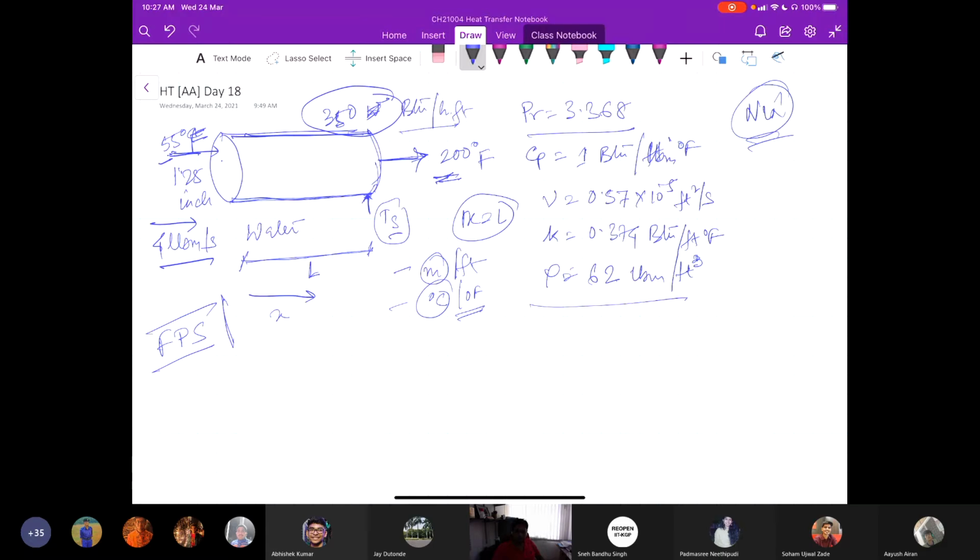So what is the equivalence in SI? Then you can quickly relate how to calculate the velocity. I mentioned here, it's not velocity, it's the flow. It's my misinformation. It is not the velocity, it is the flow rate. It is flowing at 4 pound mass per second.